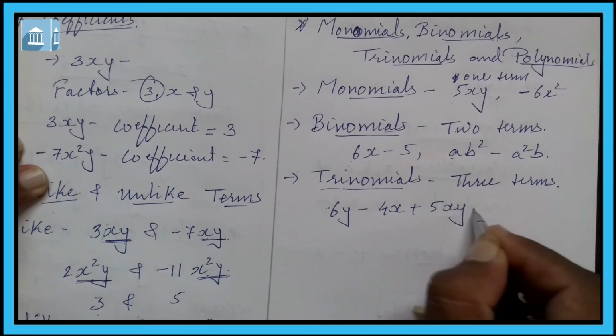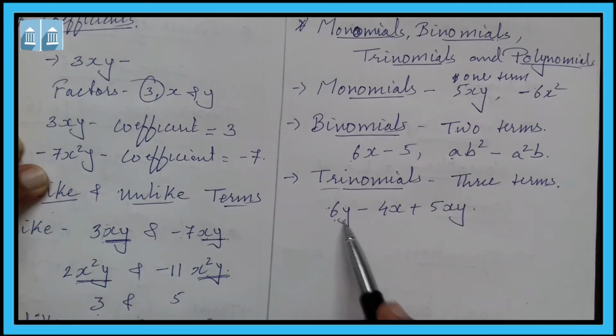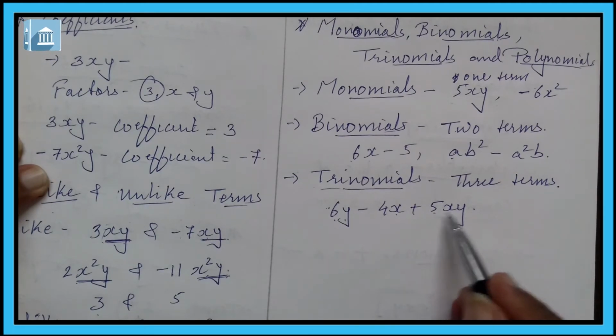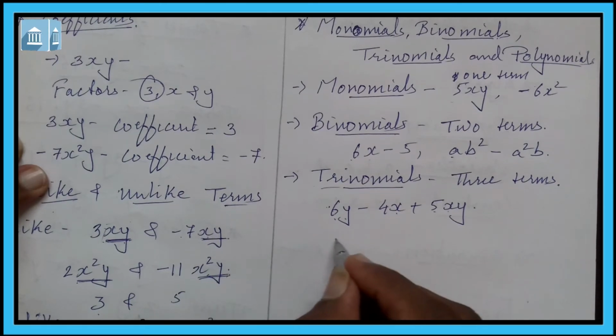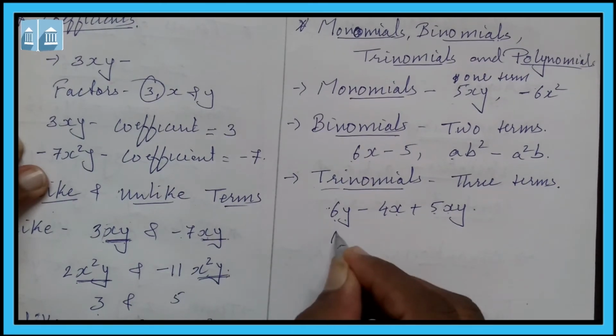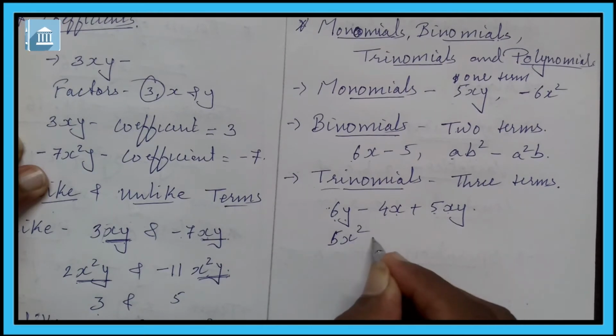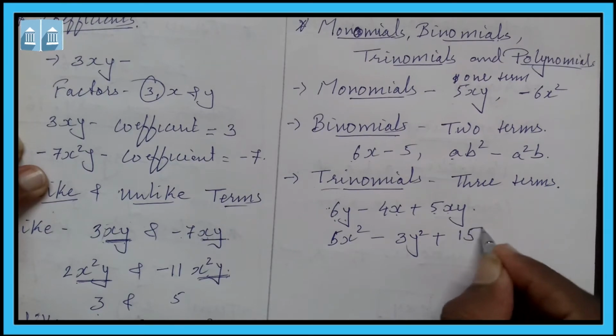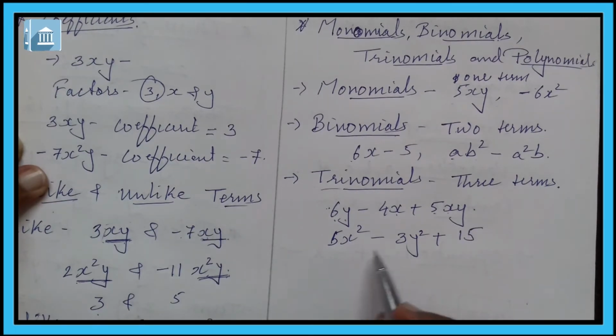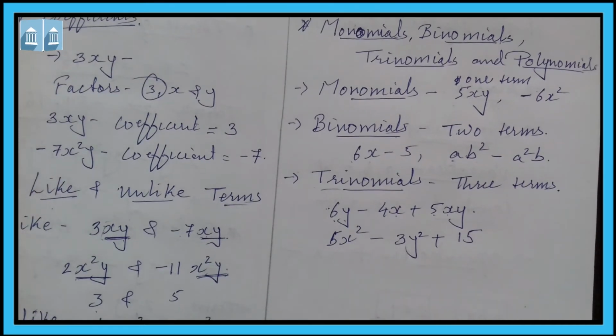Here it has three terms: 6y, minus 4x and 5xy. So this type of expression which has three terms is known as a trinomial. It can also be 5x square minus 3y square plus 15. This is also a trinomial as it again has three terms.